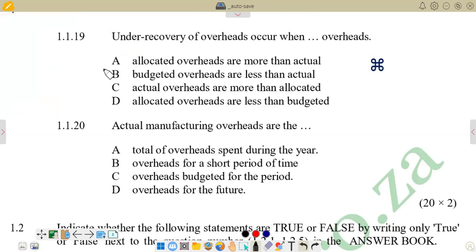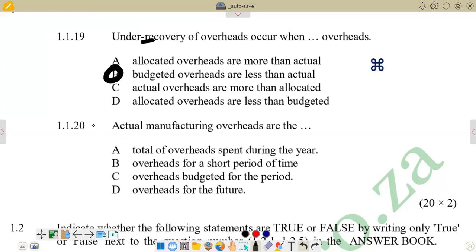Okay, when dash overheads. So this is now under recovery, which means it's now the opposite of over recovery. So when over recovery, we said budgeted should be more than actual. So it means under is going to be the opposite, where budgeted are going to be less than actual. So we're going to pick out B, which is budgeted overheads are less than actual.